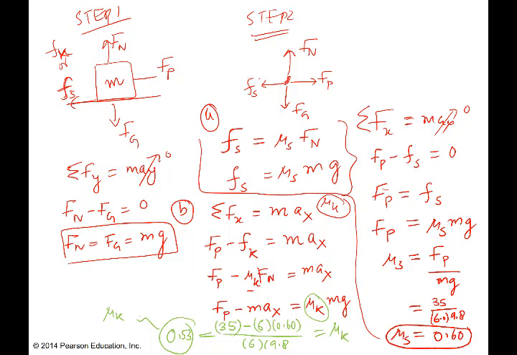It is a ratio between two forces, and it is always found that mu k, the coefficient of kinetic friction, is always less than mu s. Mu s is always more, because it takes more force to move an object from its state of rest than to keep an object in motion, which is kinetic friction.